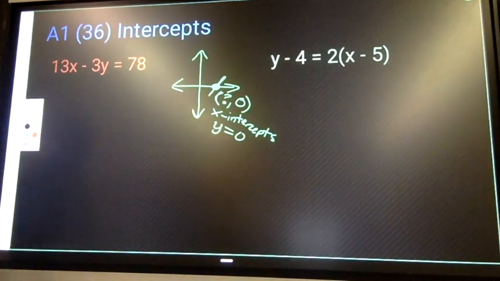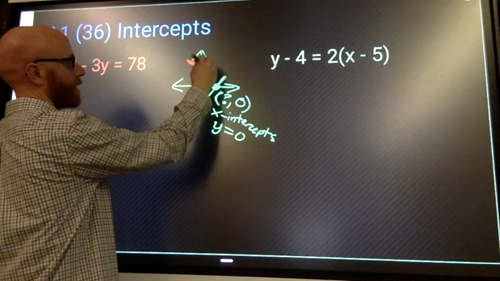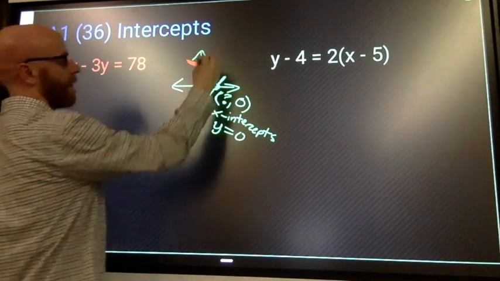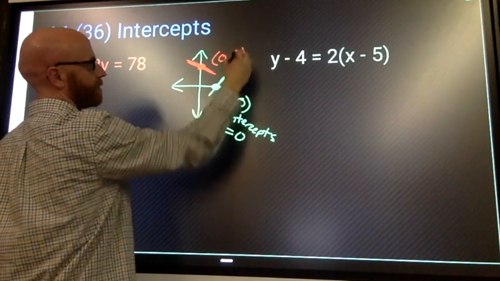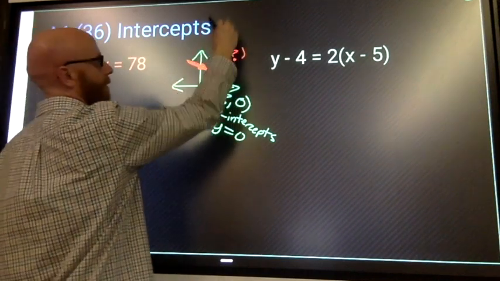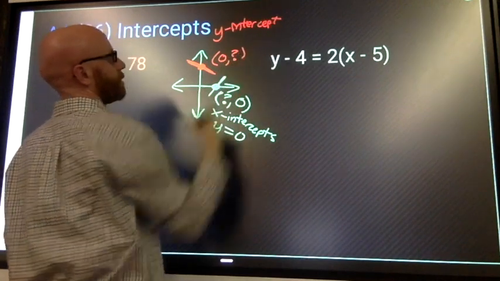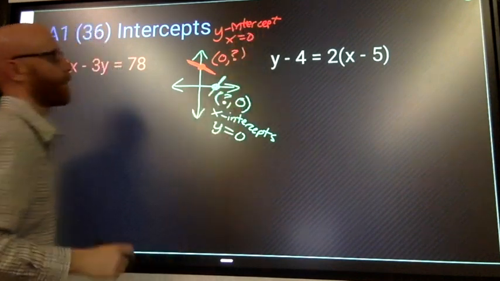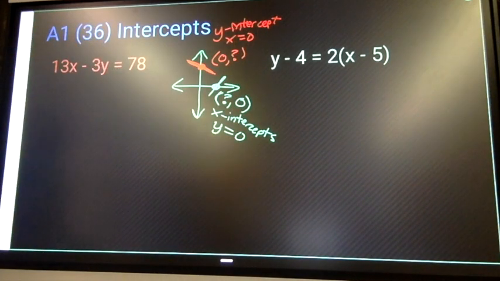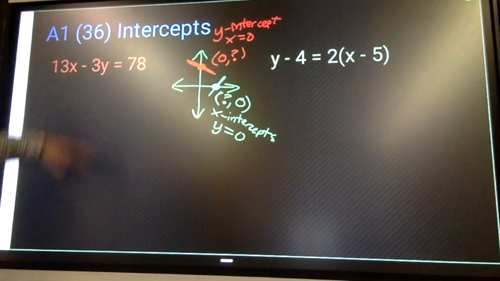The reverse is true for y-intercepts. When my line is crossing the y-axis, x equals 0. So we can use that information to find x and y intercepts for equations.